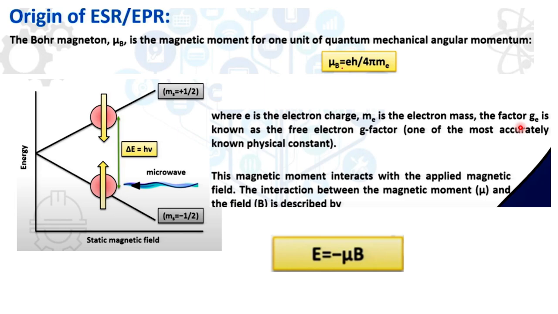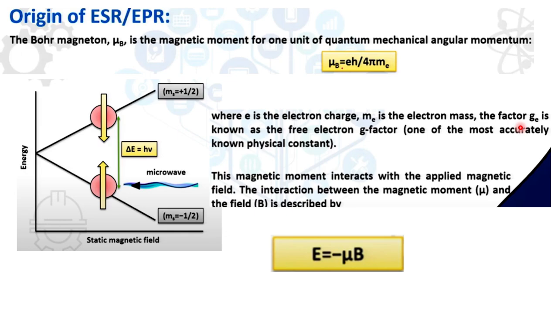Now these magnetic moments interact with the applied magnetic field. So first of all, because of the presence of the unpaired electron, it is generating some magnetic field. Now, if you apply some external magnetic field, that generated magnetic field based on the unpaired electron will interact with your applied magnetic field. When it is interacting with your applied magnetic field, there will be a splitting.